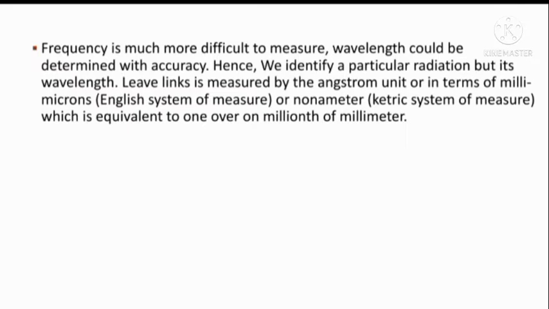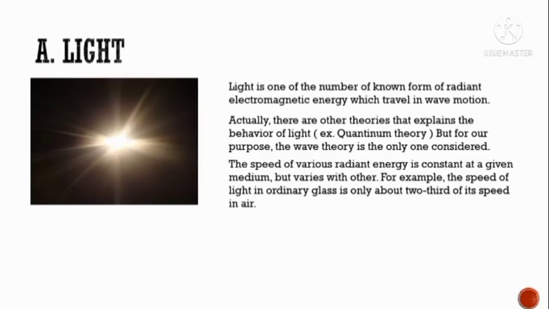Wavelength is measured by the angstrom unit or in terms of millimicrons, English system of measures, or nanometer, a metric system of measure which is equivalent to one millionth of a millimeter. The speed of various radiant energy is constant in a given medium, but varies with others.